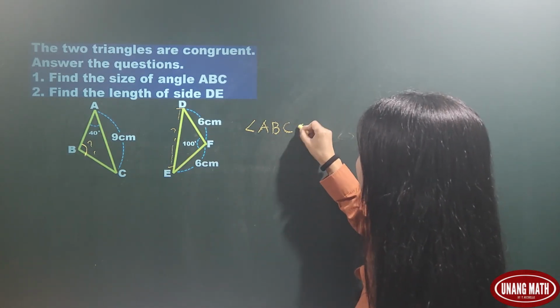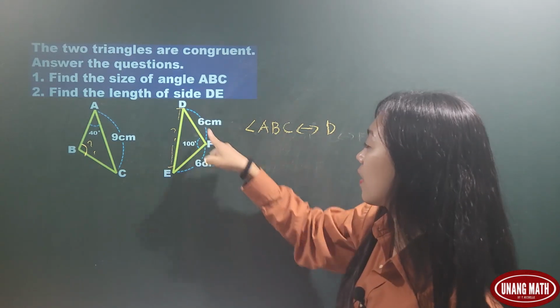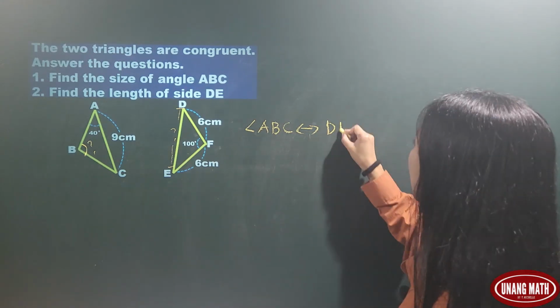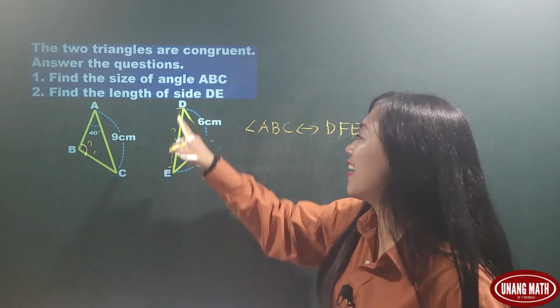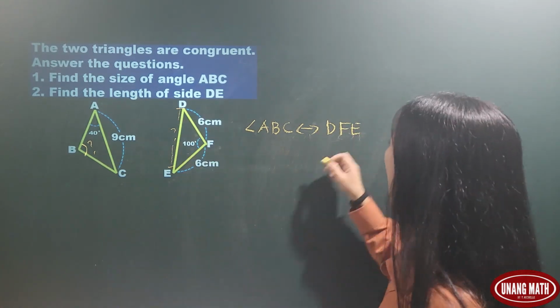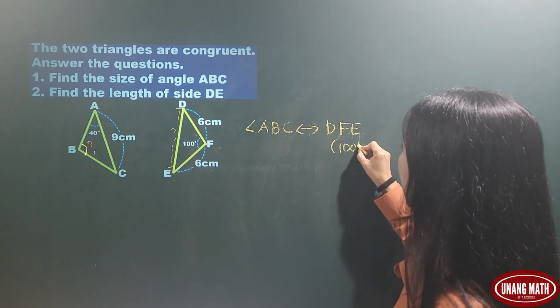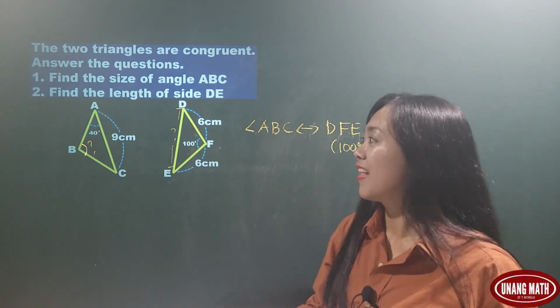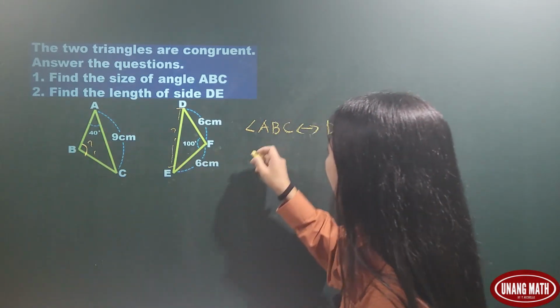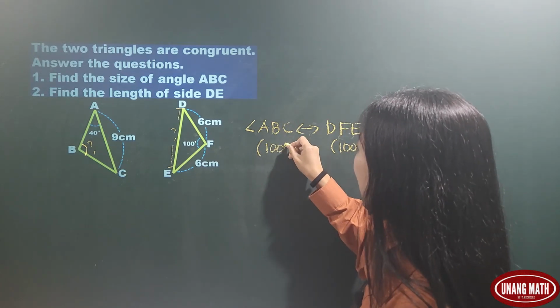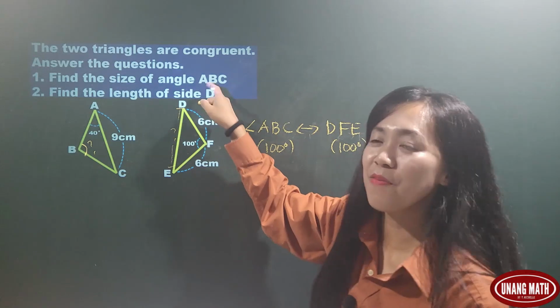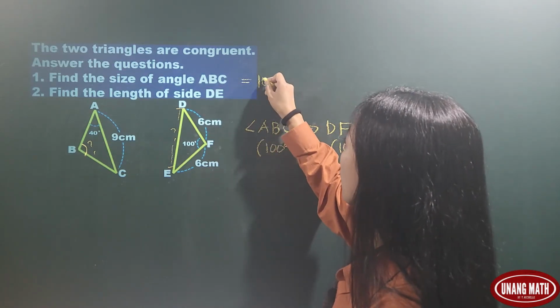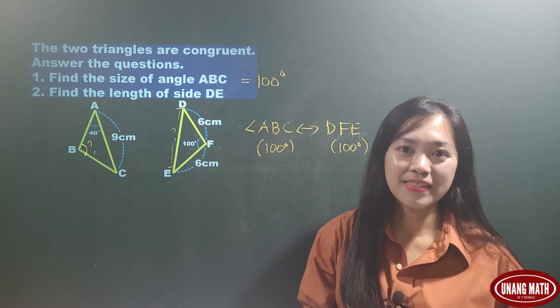Okay, at ang measurement ng angle DFE ay 100 degrees. So, ibig sabihin, ang angle ABC ay 100 degrees din. So, ang sagot natin sa find the size of angle ABC ay 100 degrees.